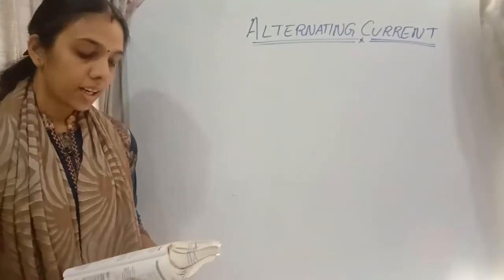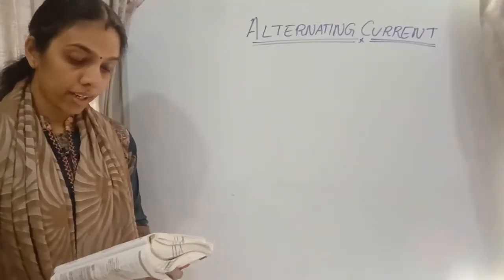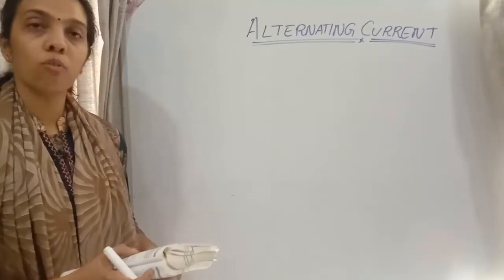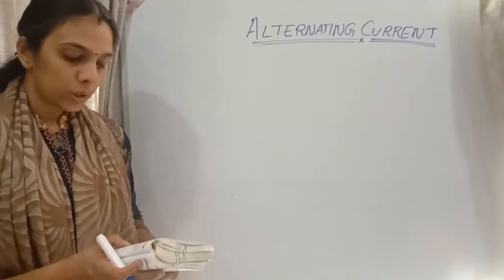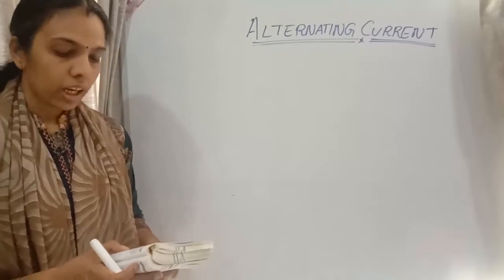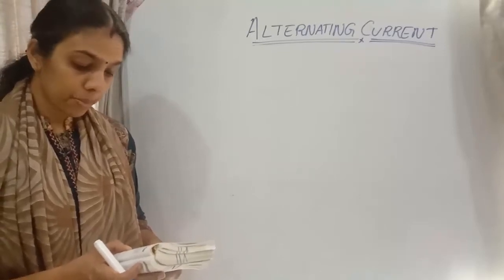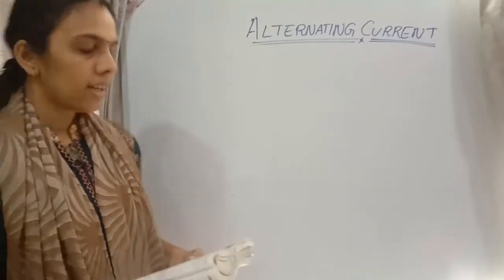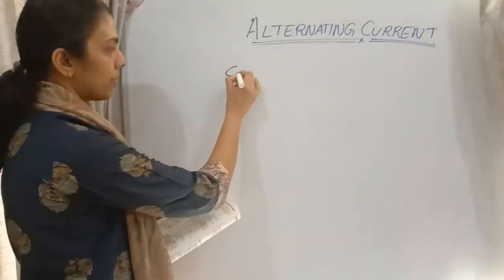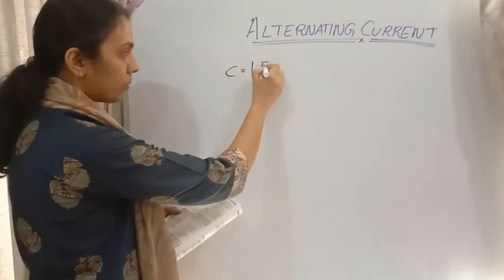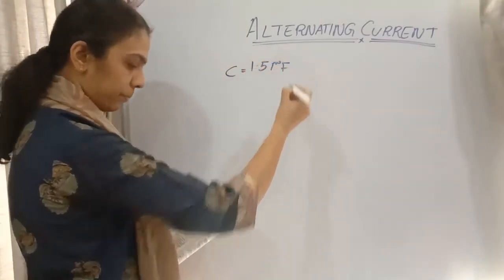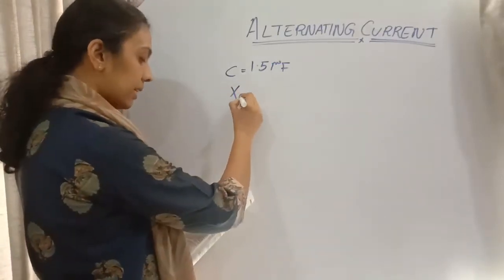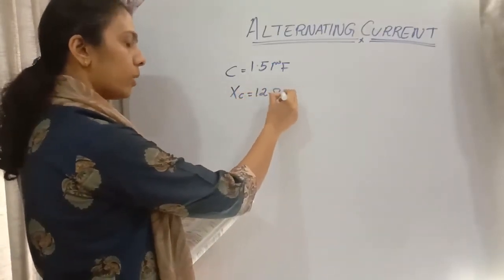First question: a 1.5 microfarad capacitor has a capacitive reactance of 12 ohm. What is the frequency of the source? If the frequency of the source is doubled, what will be the capacitive reactance? Here in the question, the capacitor value is given as 1.5 microfarad, and the capacitive reactance, that is the Xc value, is given as 12 ohm.